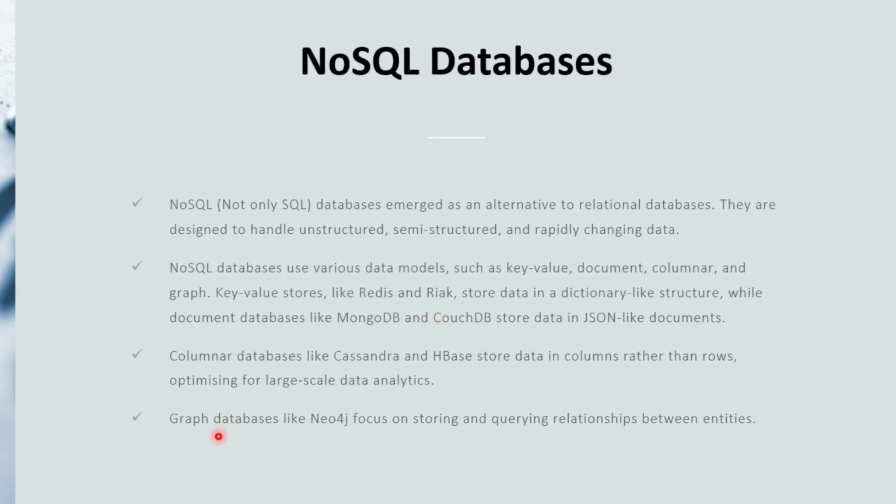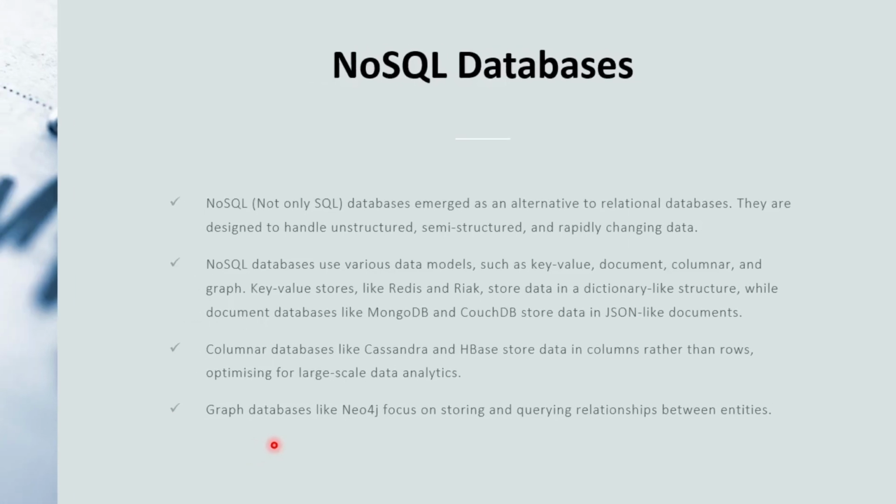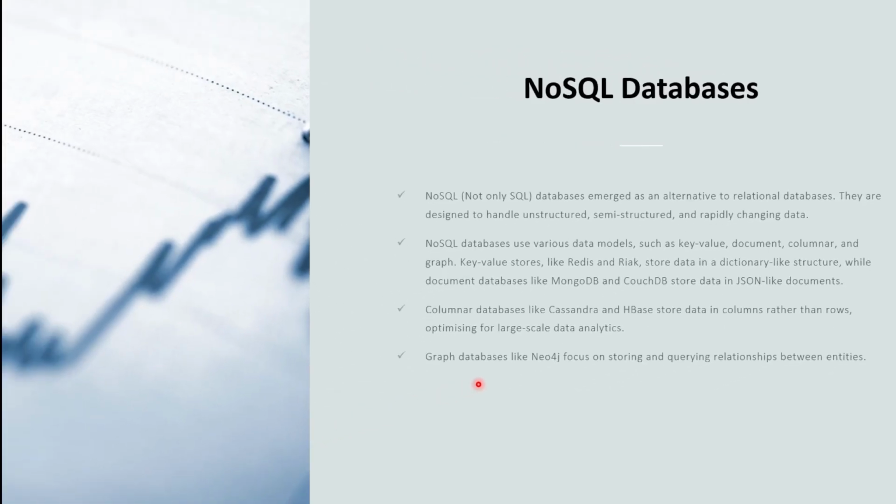The graph database like Neo4j focuses on managing entities. All these databases together are referred to as NoSQL because they are unstructured and they can change from time to time, and there's a need for us to be able to store that. That is the reason why NoSQL databases came to life, and that is what NoSQL databases are all about.